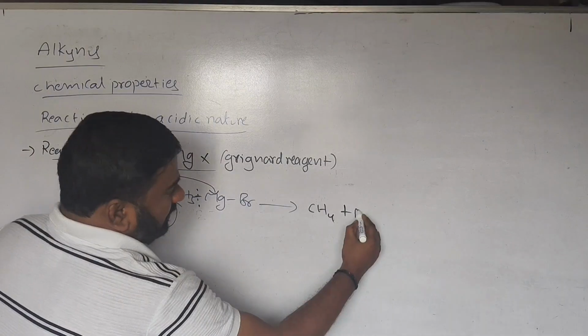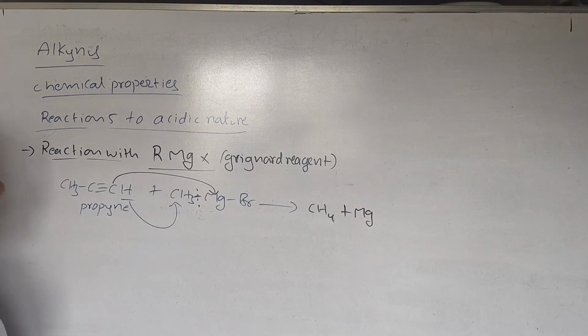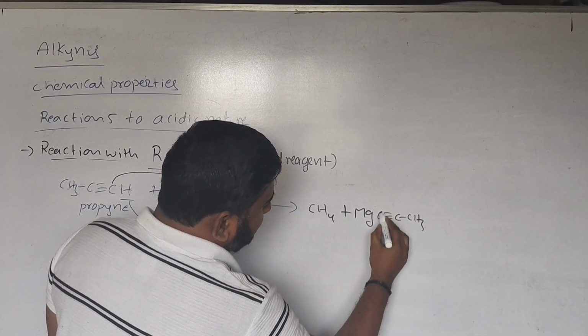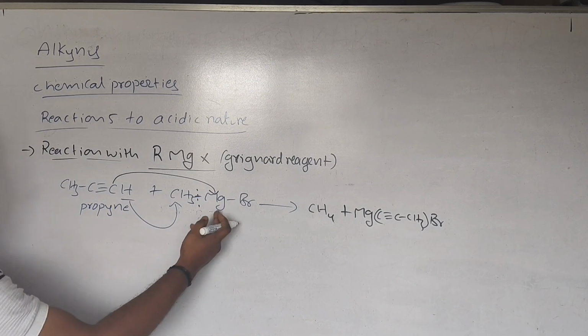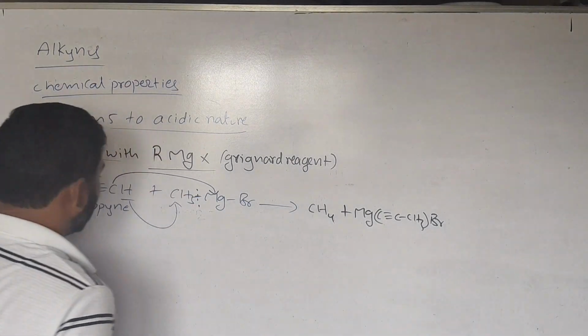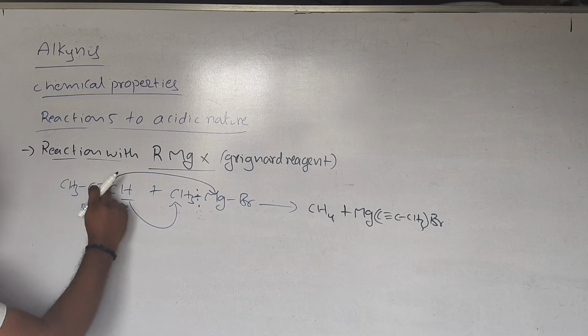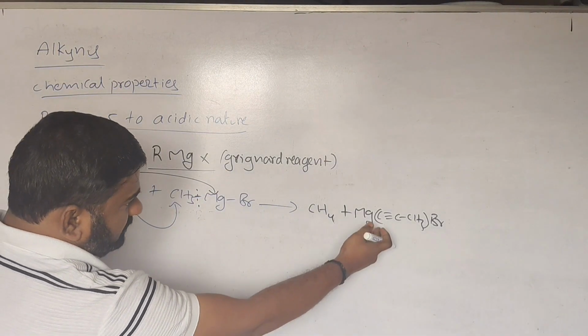Remaining here is Mg, and this alkynide will also be added now. So C triple bond C CH3 will be added, and the one more halogen, Br, stays as it is, MgBr. To this alkynide, H plus is removed, so this is minus C minus. This part will be added to the Mg. Then we will get this compound.